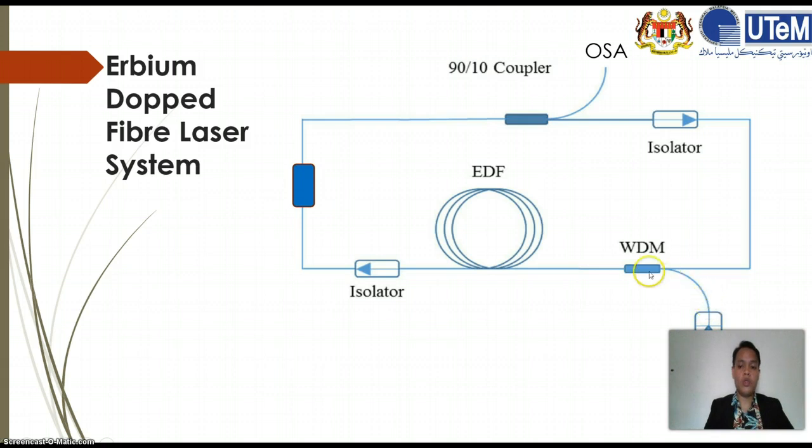It goes to the WDM, whose function is to propagate the power signal into the erbium doped fiber. The erbium doped fiber acts as the gain medium, so the output power can be generated in the mid-infrared wavelength, which is 1.55 micron.